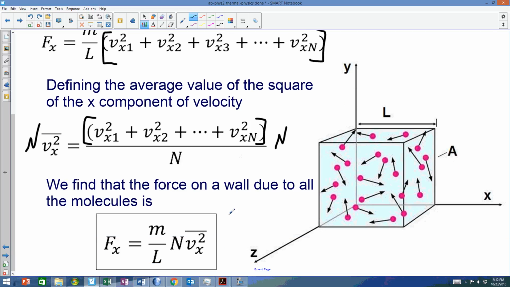So here we go. Our force in the x direction is equal to the mass of the particle divided by L times the number of particles times the speed of the particle in the x direction squared, and that's the average speed.